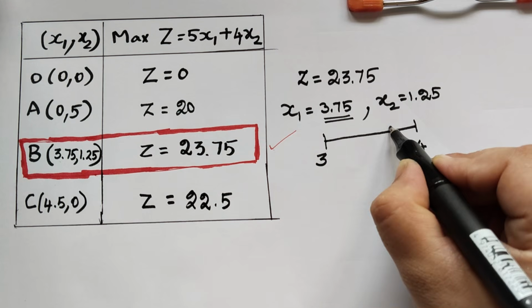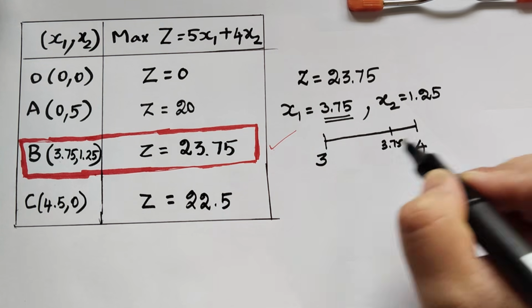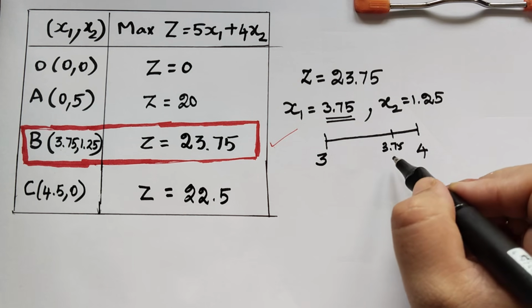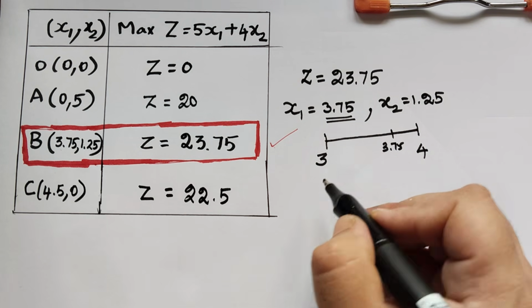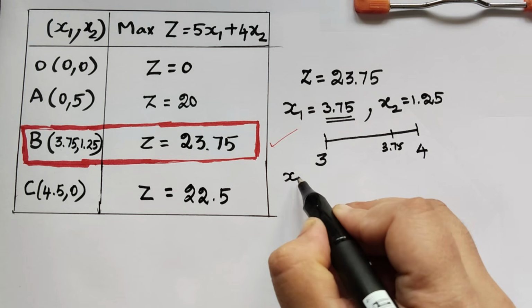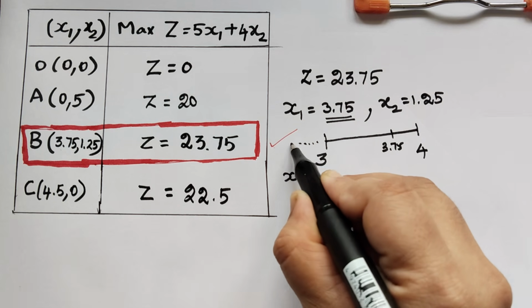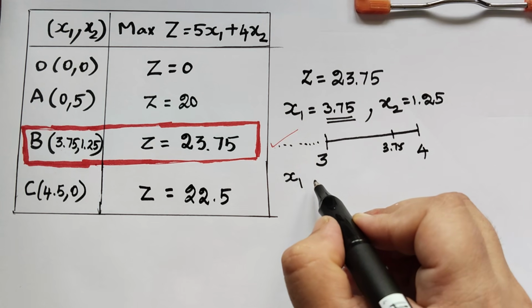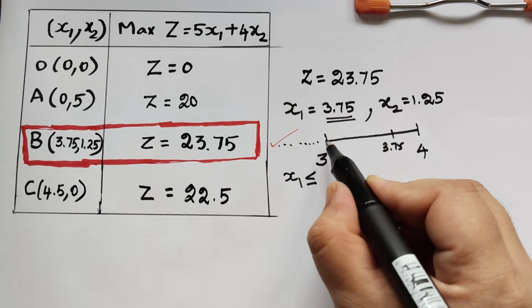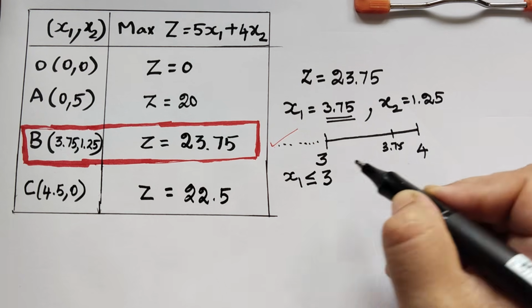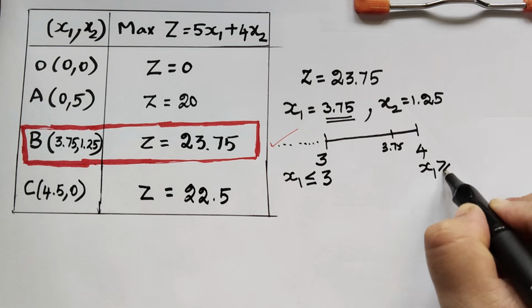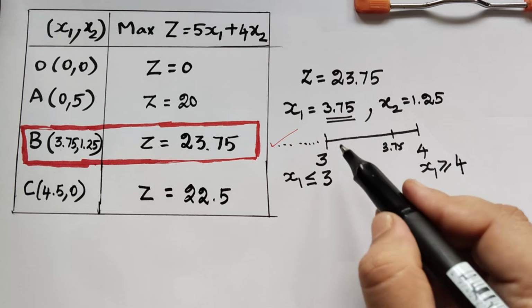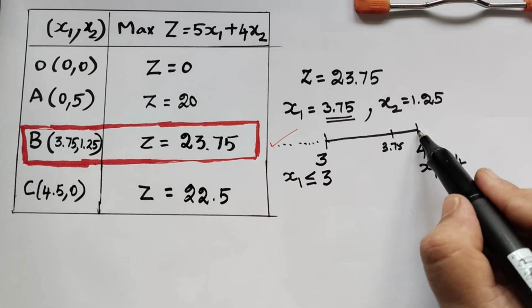So the idea of the problem is we are going to eliminate this region by choosing the value of x1, that is x1 lesser than or equal to the lowest integral value, which is 3, and x1 greater than or equal to the highest integral value, which is 4. So we are eliminating this in-between portion in the graph.